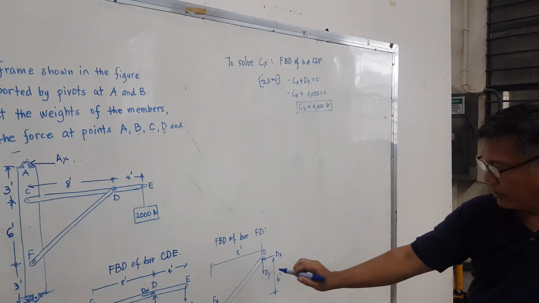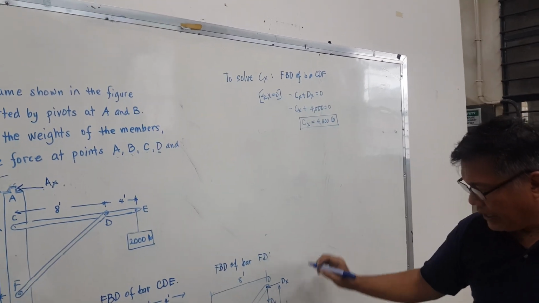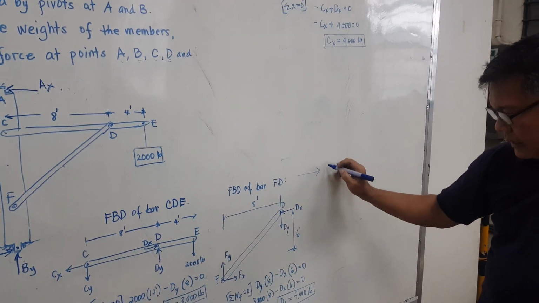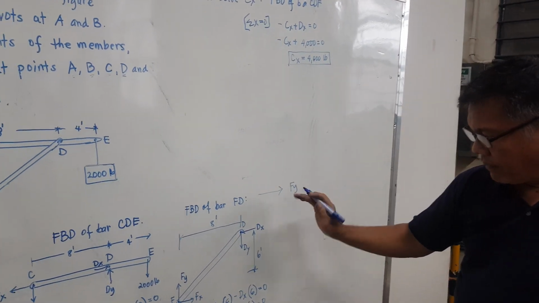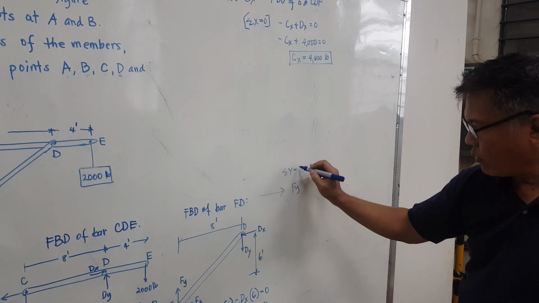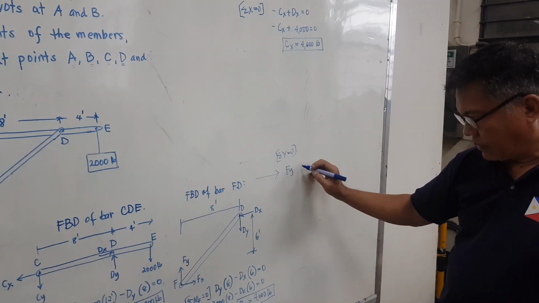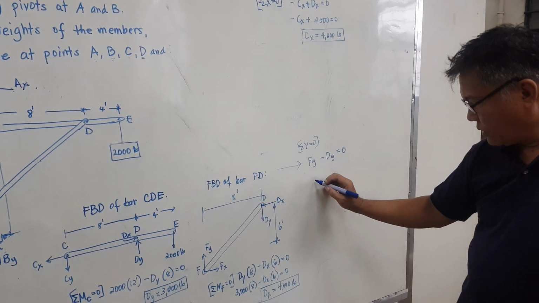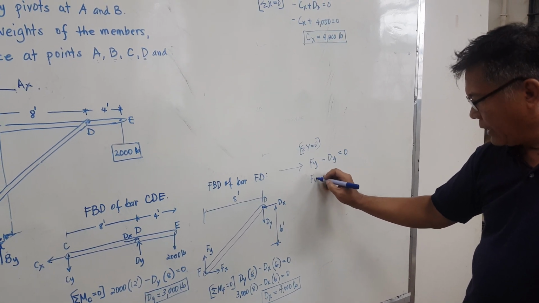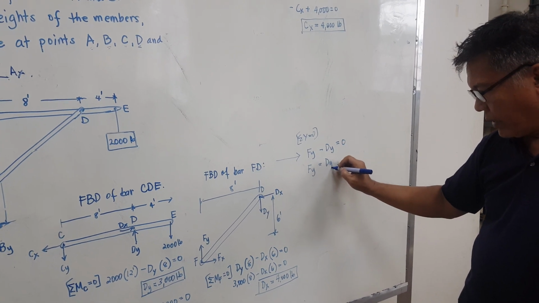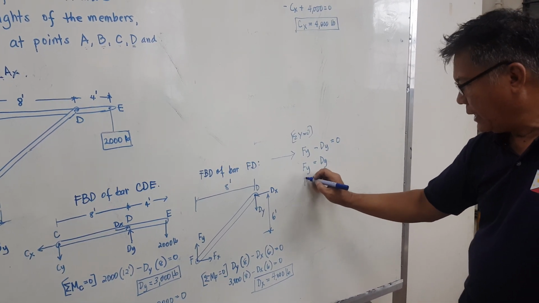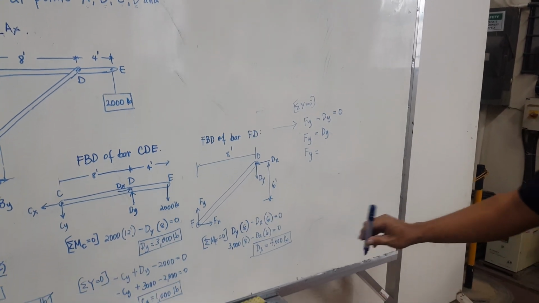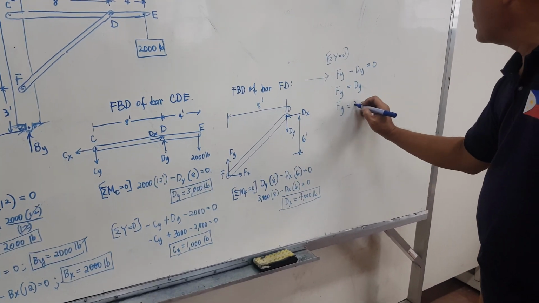And going back to the FBD of bar FD, we can say that Fy going up, so summation y equal to 0, minus Dy is equal to 0. So Fy is equal to Dy, and Dy has a value of 3,000 pounds.